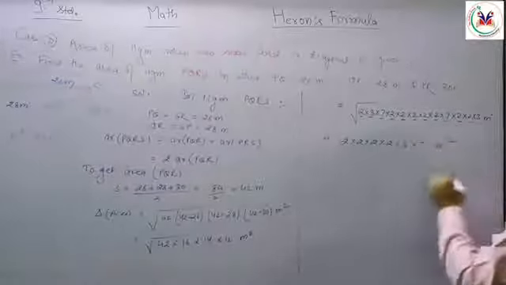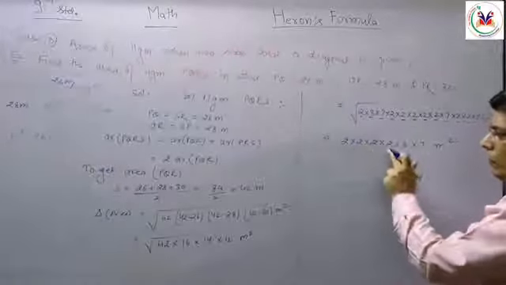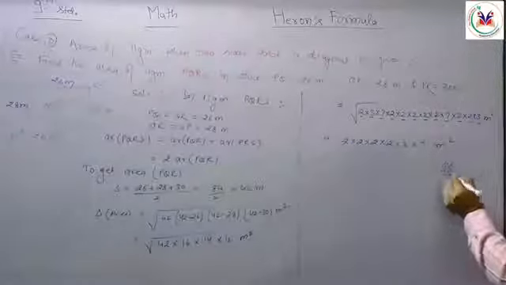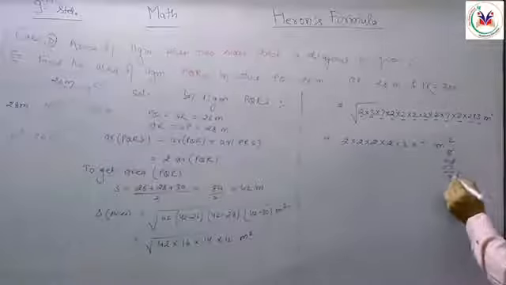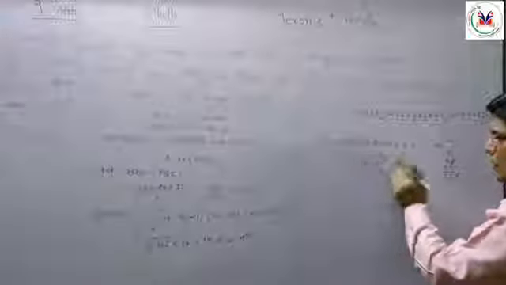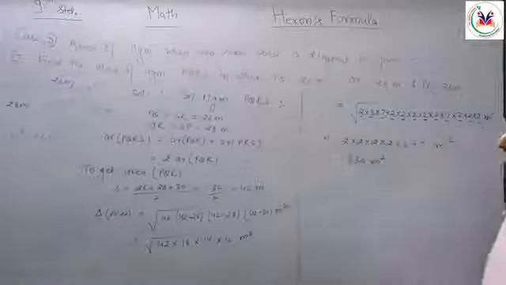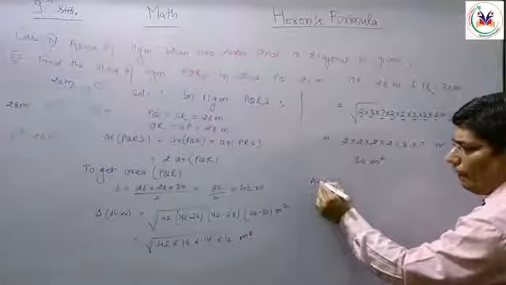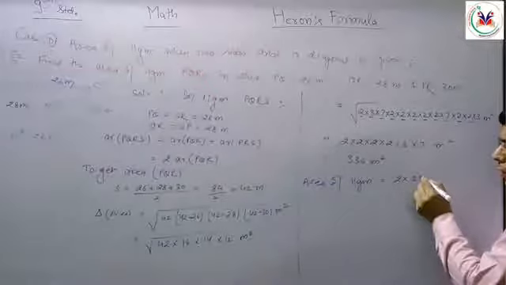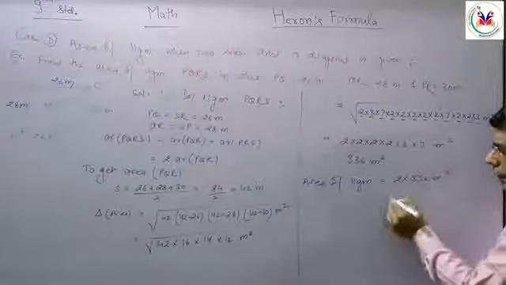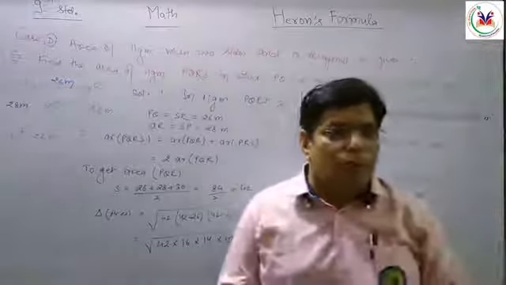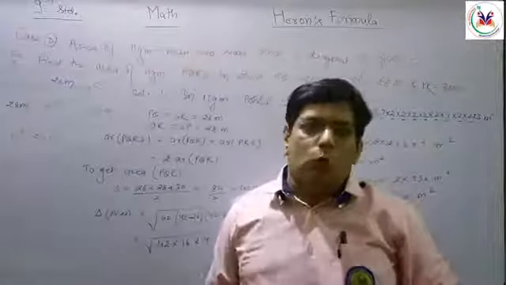That will be meter square. 2 fours are 8, 8 twos are 16, 16 into 3 is 48, and 48 into 7 is 336 meter square. Now area of parallelogram equals 2 into 336 meter square, that will be 672 meter square. That will be the required area of parallelogram PQRS.